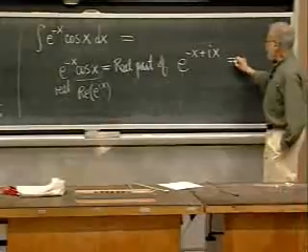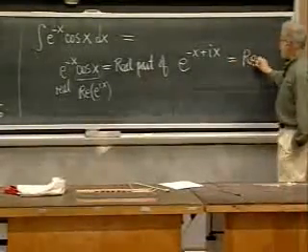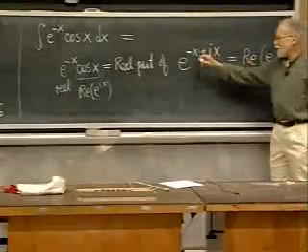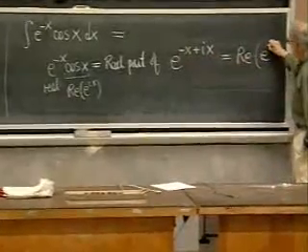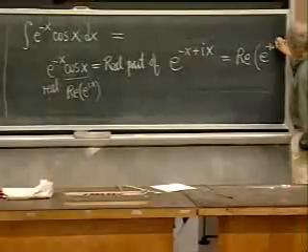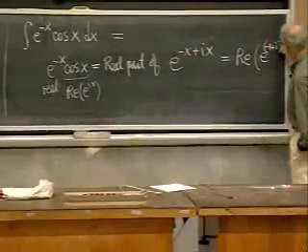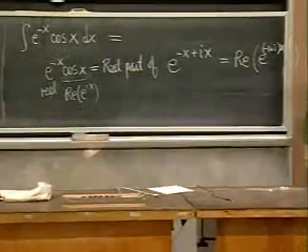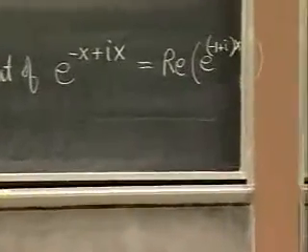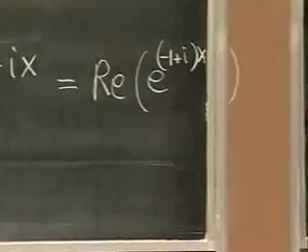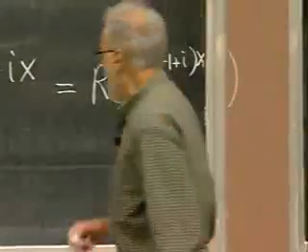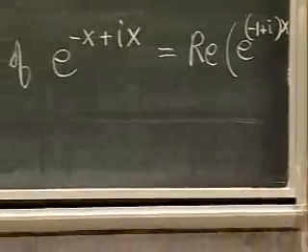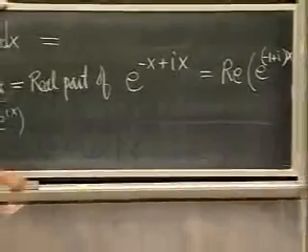So it's the real part of, write it this way, the real part of e to the, factor out the x, and what's up there is negative 1 plus i times x. And now the same thing is going to be true for the integral.